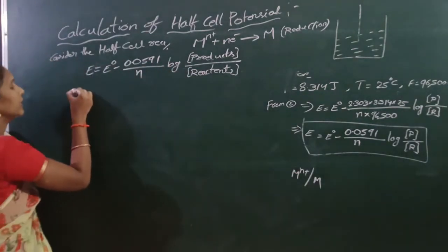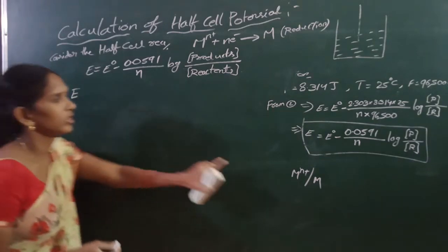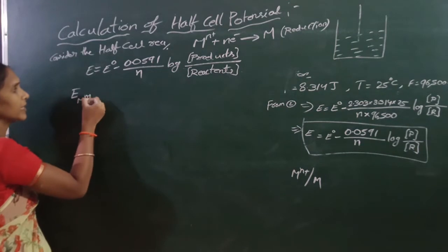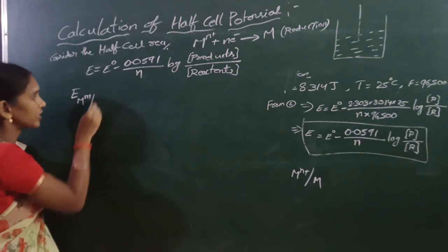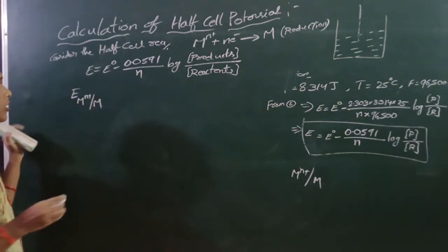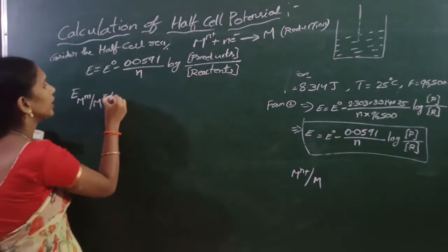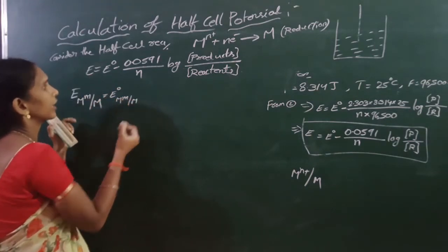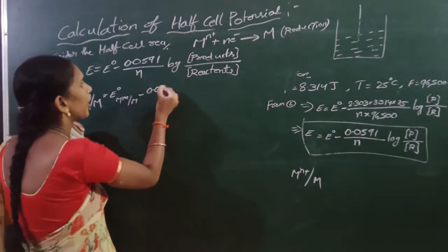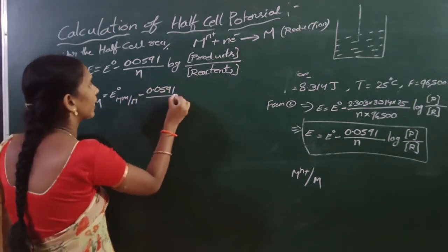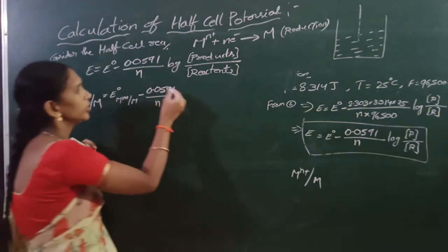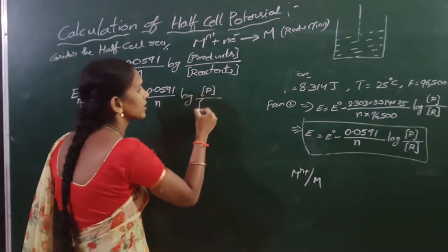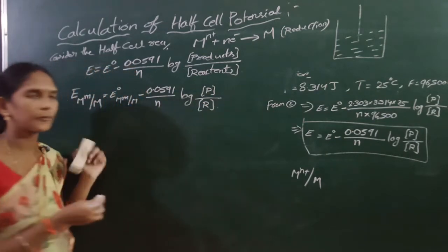That means the electrode potential of this half cell is E equal to E naught of M n plus and metal electrode minus 0.0591 by n into log concentration of products by concentration of reactants.